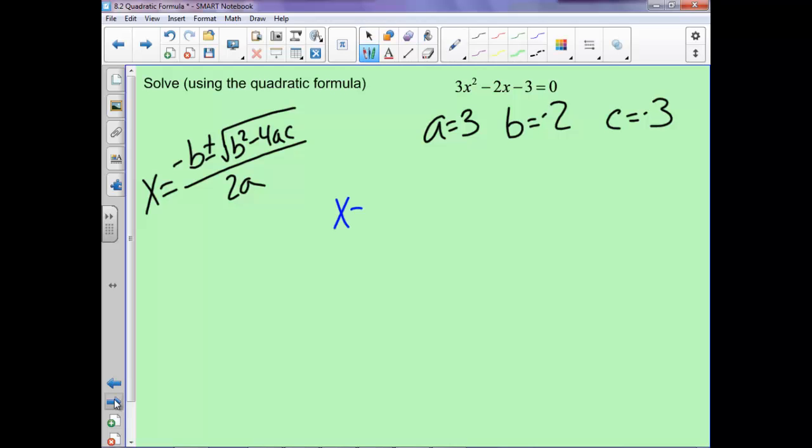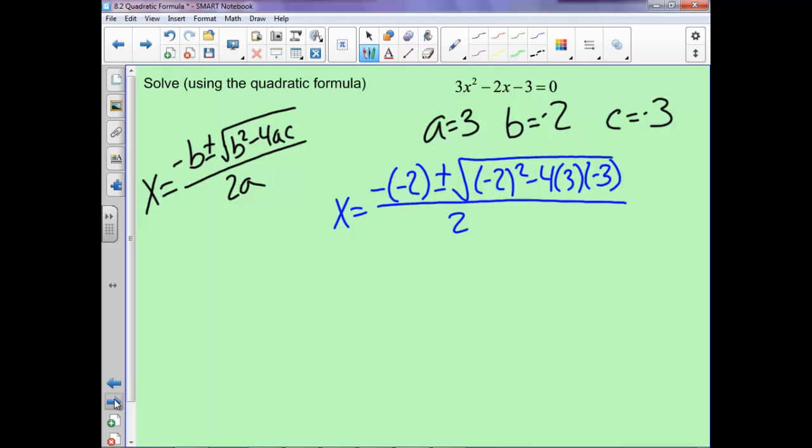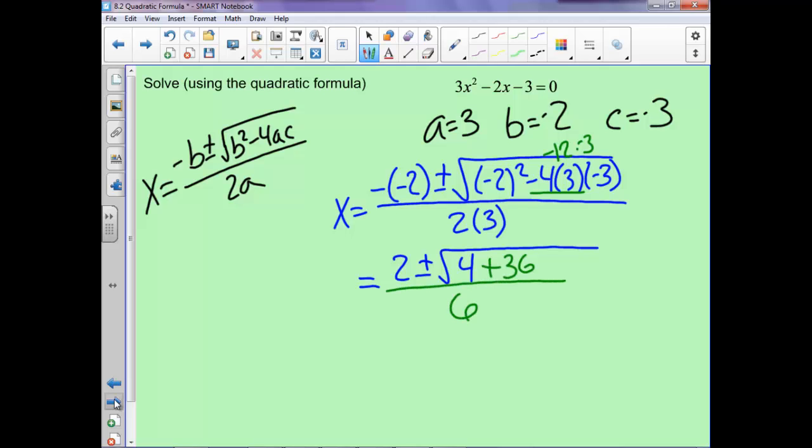So we will have negative 2 plus or minus square root of this negative 2 squared minus 4ac, all over 2 times a. Once again, a negative 2 is positive. Negative 2 squared is a positive 4. And now we've got negative 4 times 3 is negative 12, times negative 3 gives us a positive 36, all over 6 again.